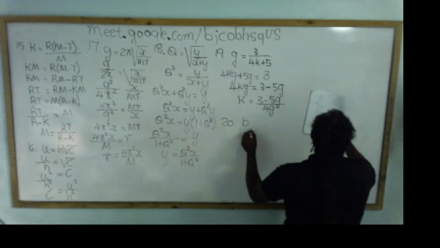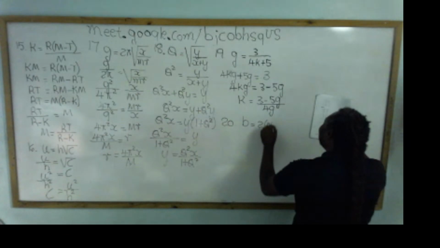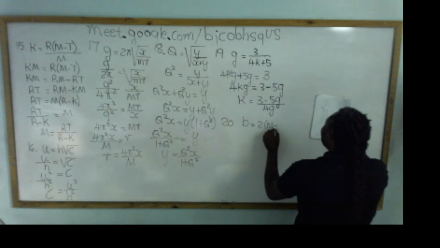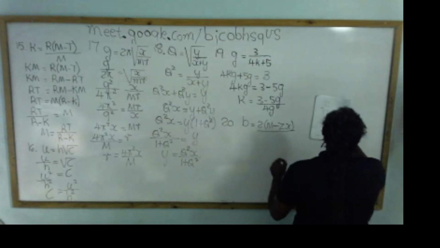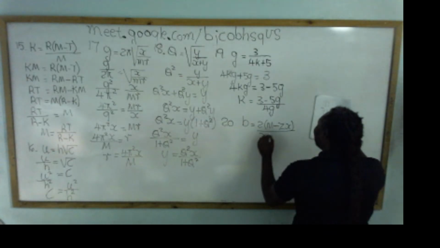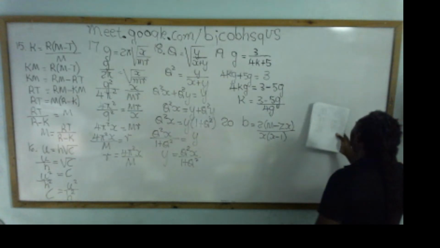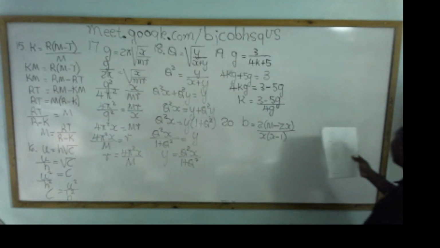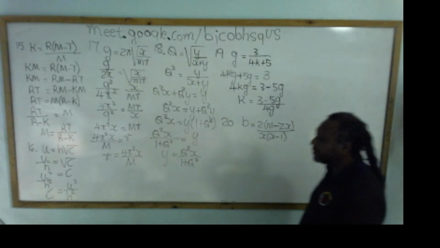B is equal to 2 open bracket m minus zx, all over x, x minus 1, and you are attempting to make z the subject of the formula, students.